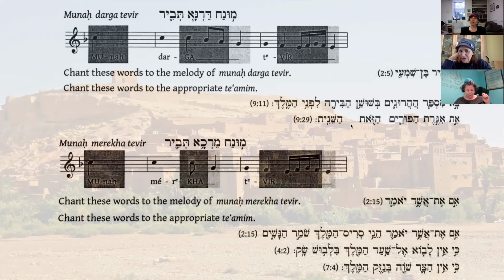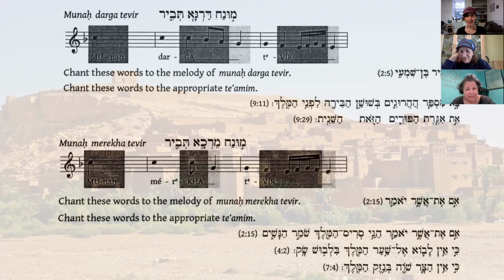Hazot, siluk. Hazot Hasheni. Yeah. So let me try the whole thing. Great. את איגרת הפורים הזאת השני. Yeah, that's how it's done.